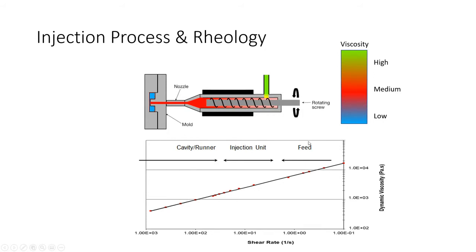We see the feed at fairly high viscosity, the injection unit in this range, and then a drop off clear down to just a couple orders, so 100 or sometimes even below 100 Pascal seconds. It's amazing that something that starts in the tens of thousands of Pascal seconds, through shear thinning and heating, can come all the way down to almost single digit numbers.